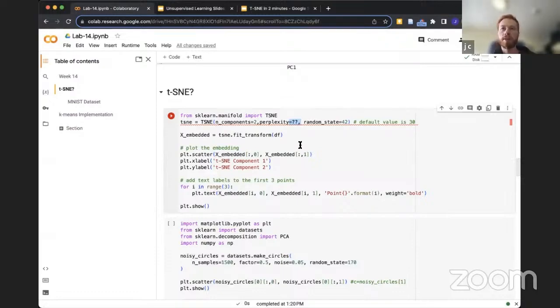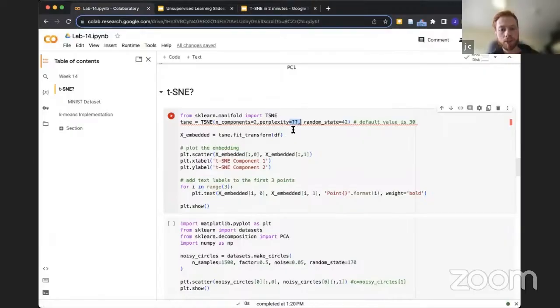The lower the perplexity, we only look at a very small neighborhood, and if we increase it, we look at further away. You probably have seen k-nearest neighbors. Think of that as a similar knob that you can adjust.